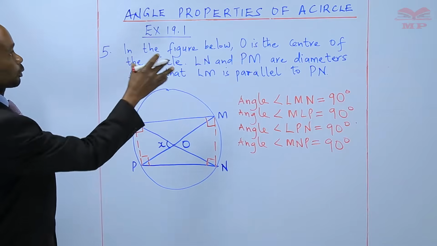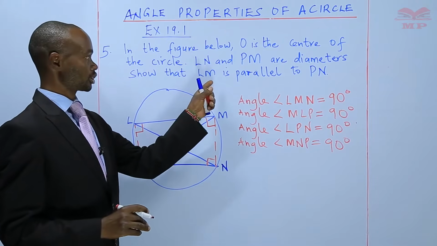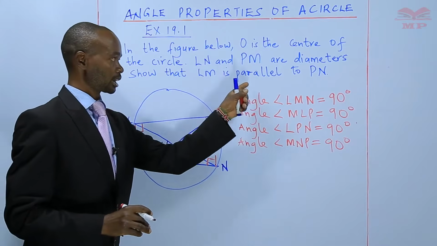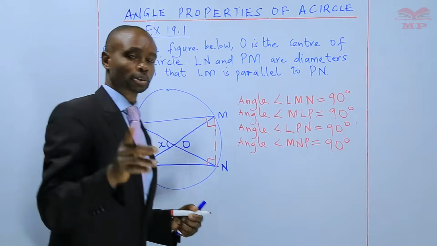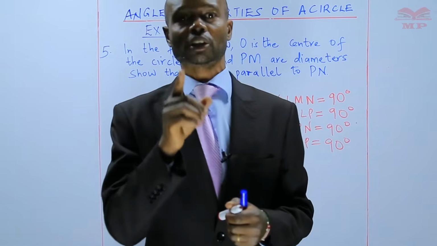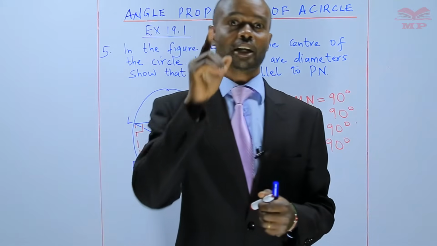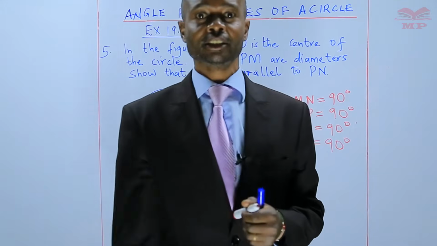So we go back to the question where we are sure that line LM is parallel to PN. Number 1, for lines to be parallel, a perpendicular drawn from one line to touch the other line will strike it at 90 degrees.